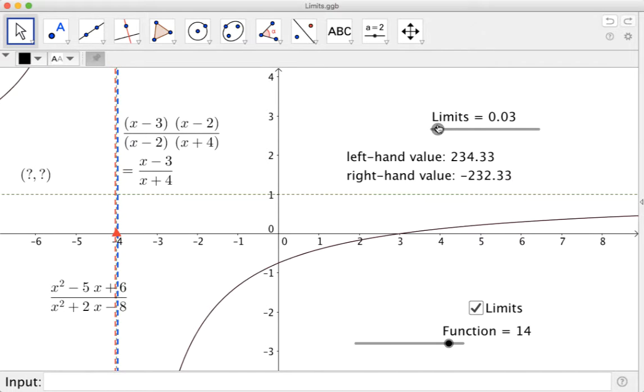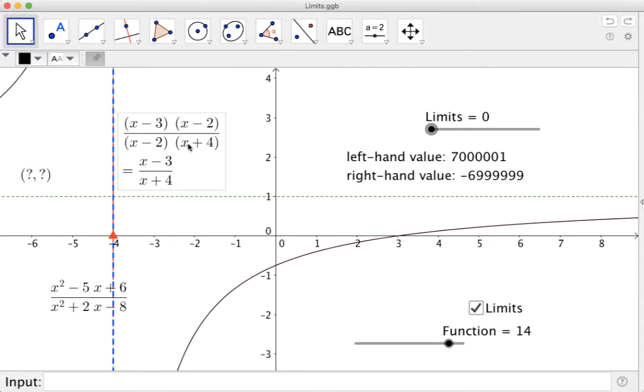If we kept going, the left-hand limit would approach positive infinity and the right-hand limit would approach negative infinity, which means there is no limit for this function at x equal to negative 4.